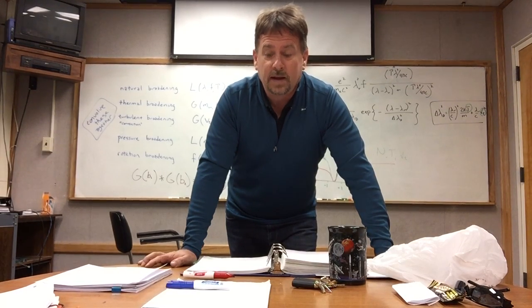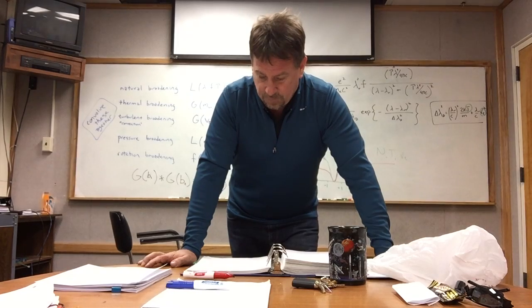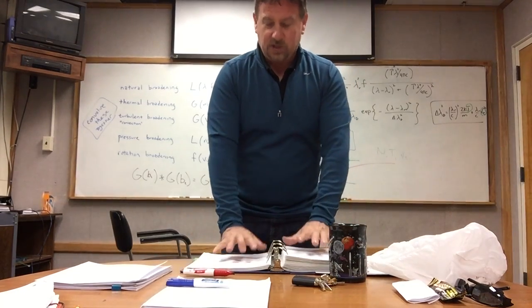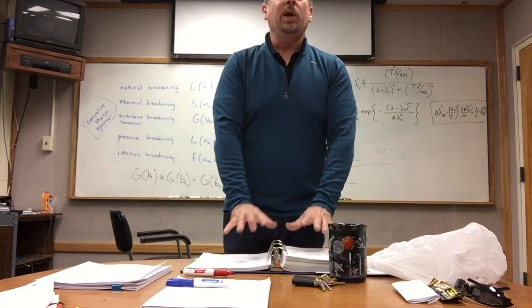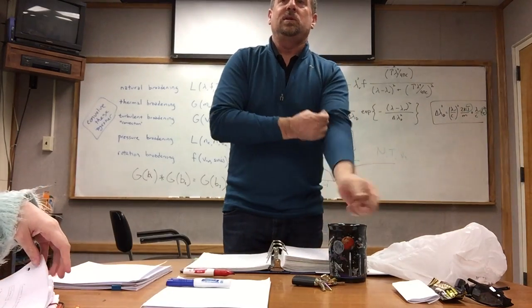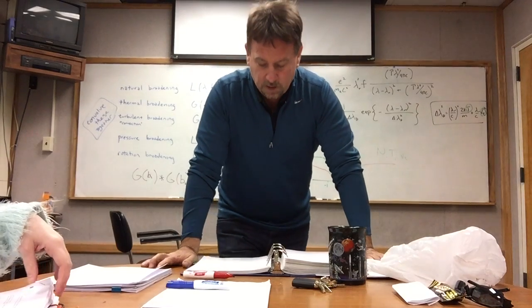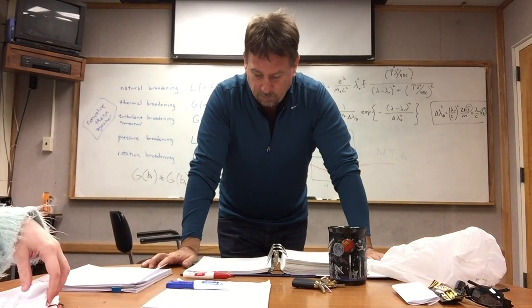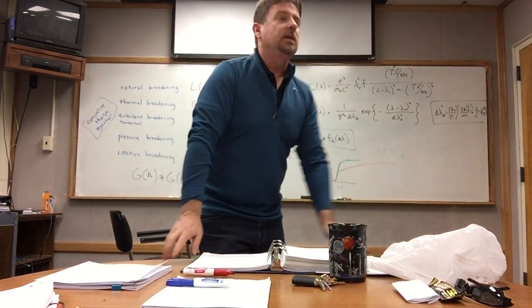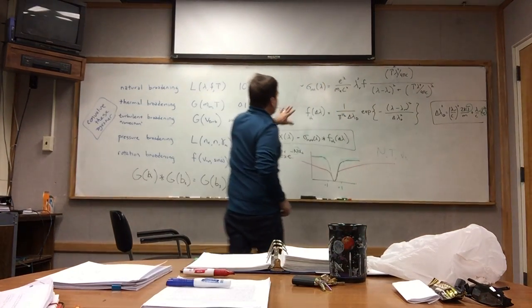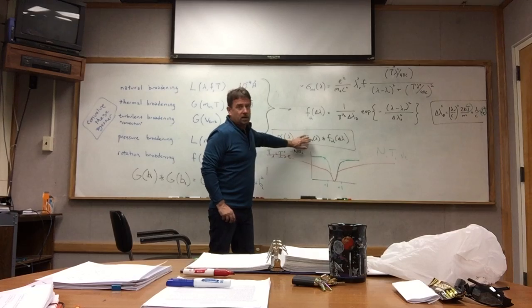Okay? Now, this in itself could be weeks, as you can see from the notes. There's no point in going through that much detail. In the end, if you're going to model spectra, it's going to be in principle exactly as I described here.